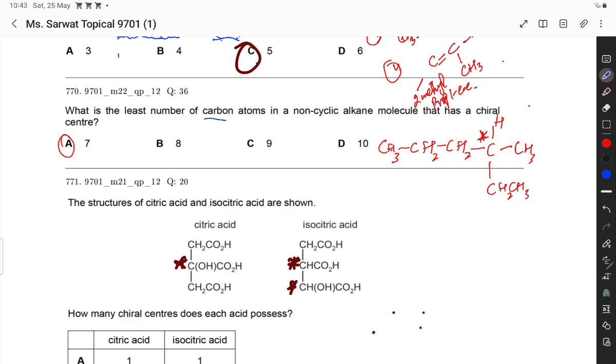So this is 7, 1 2 3 4, a non-cyclic alkane molecule that has a chiral carbon. Only one chiral carbon is there. 1, 2, 3, 4, 5, 6, 7. So 7 carbon atoms, one chiral center.